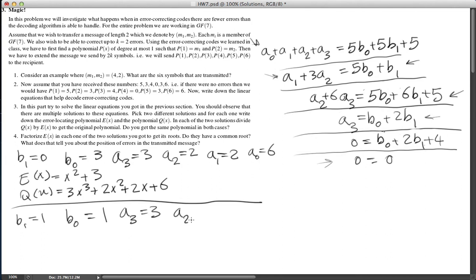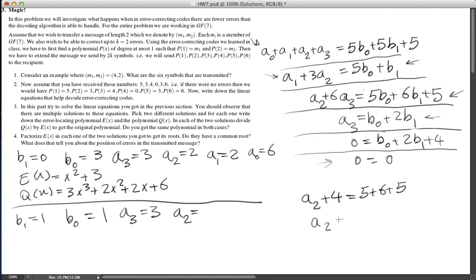Okay, what about a2? If we plug in everything we have into this equation, we get a2 plus 6 times a3, which is just 4, equals 5 plus 6 plus 5. So the right side is just 16 minus 4, 12, which mod 7 is 5.